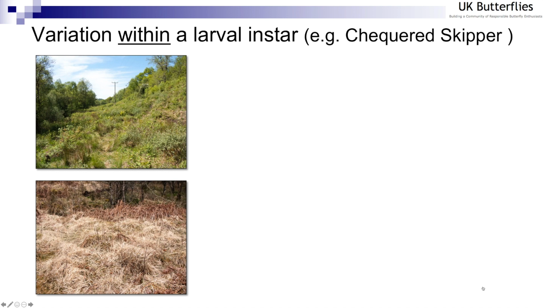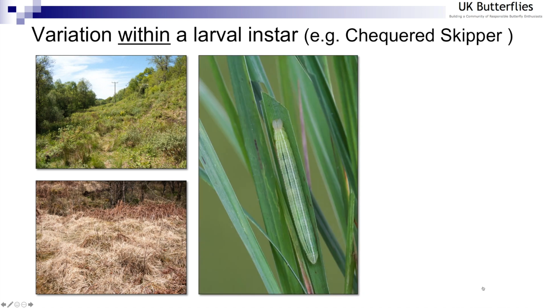And the amazing thing about the chequered skipper is that before it basically overwinters, and when it's fully grown, you can see a very green caterpillar against a very green stem of purple moorgrass.